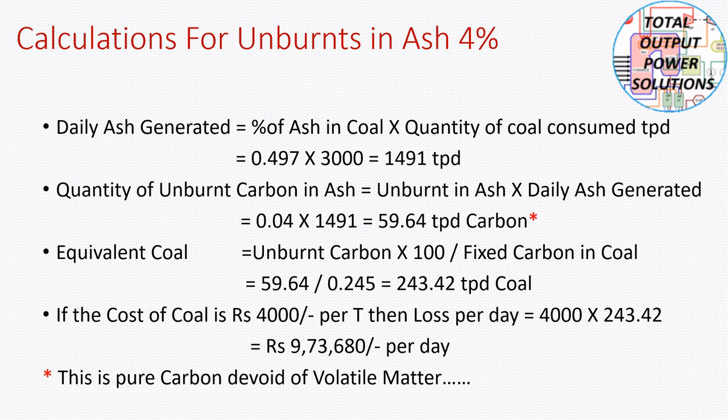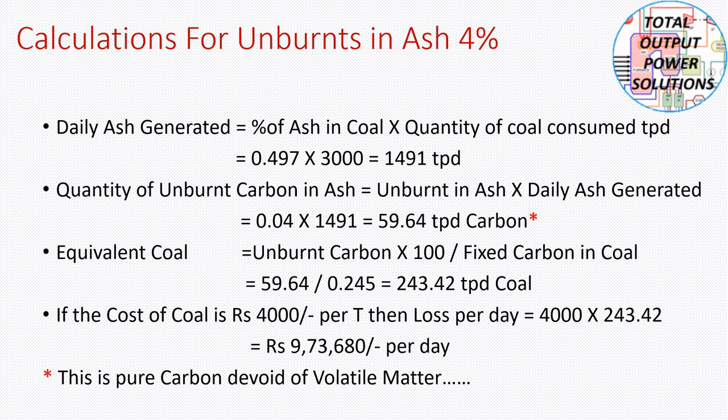This much unburnt carbon is equivalent to around 243.42 tons per day. So if the cost of the coal is around 4,000 rupees per ton, then the loss per day would have been equal to 9,73,680 rupees per day. So this is when the ash unburnt is 4%.